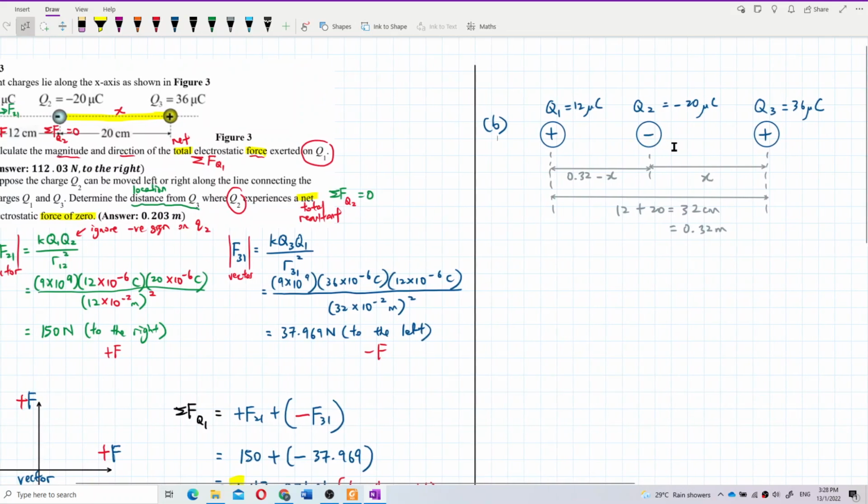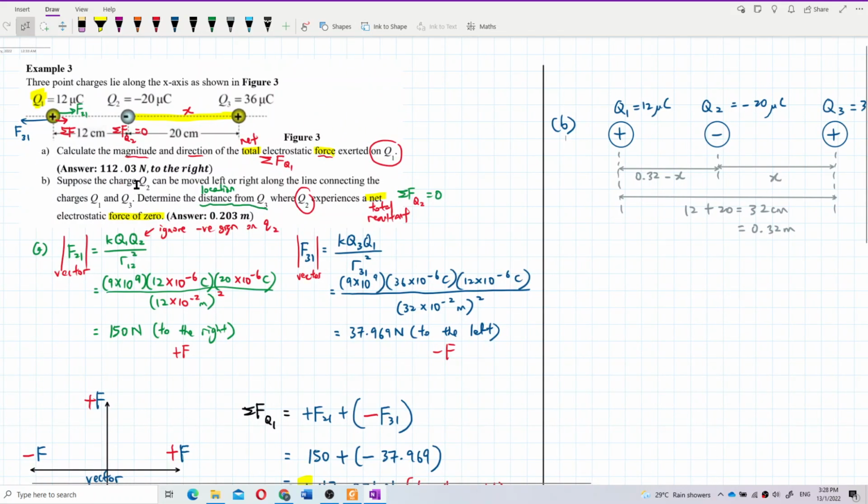Only Q2 can be adjusted. You see, only Q2 can be moved left or right. He said only move Q2. Q1 and Q3 are fixed in place. So what I can say is the distance between Q1 and Q3 is still 32 cm.